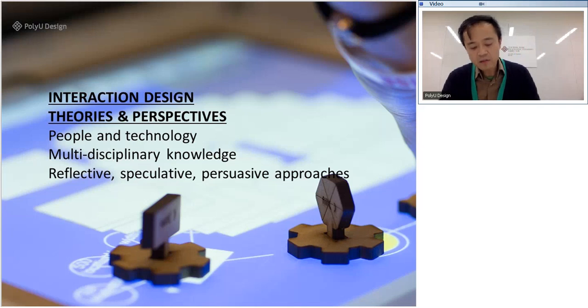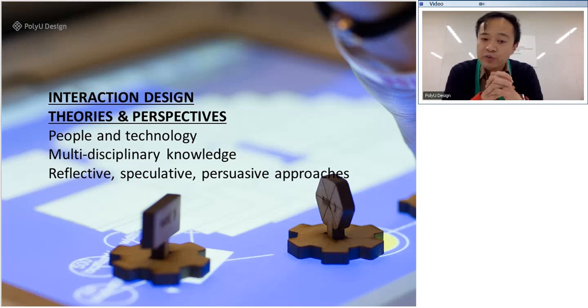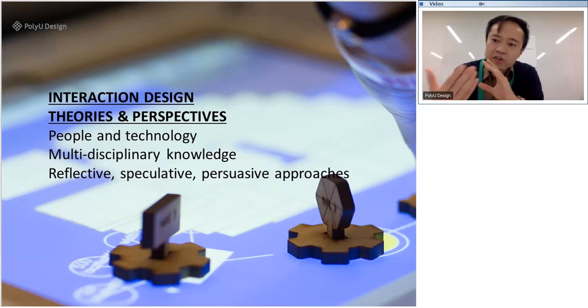And today my presentations include 4 aspects. First of all, I will let you know what are our beliefs. Secondly, I will let you know how we achieve our beliefs.